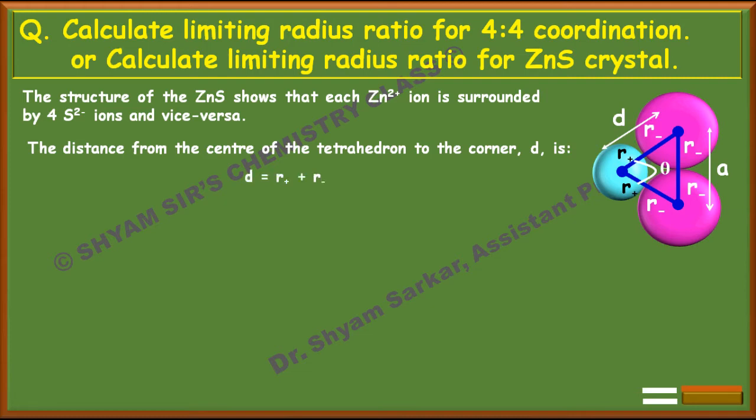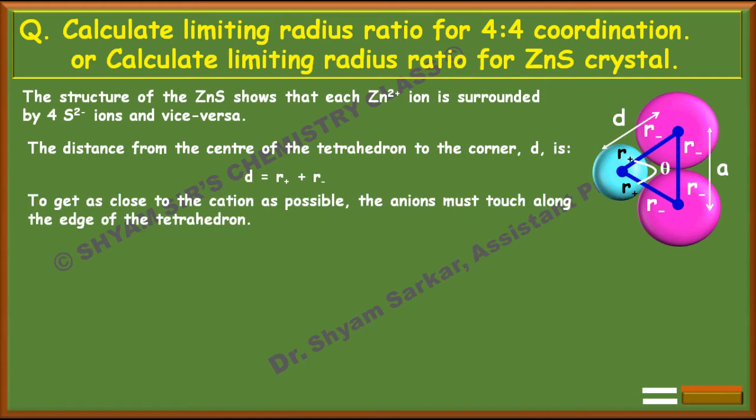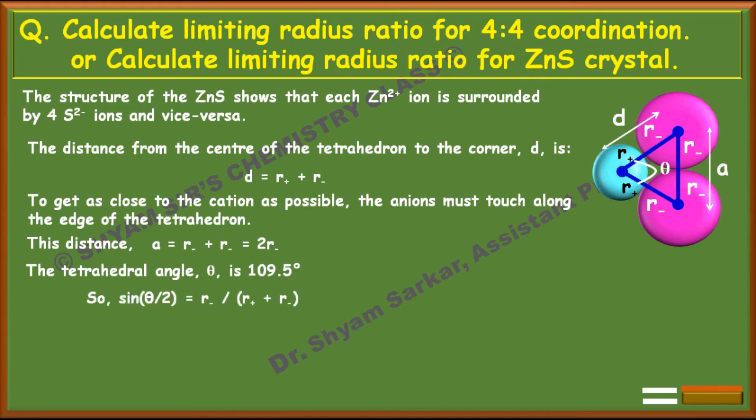Okay, now similarly, to get close to the cation as possible, the anion must touch along the edge of the tetrahedron in this case. So here the distance a equal to r minus plus r minus, that means 2r minus. So the tetrahedral angle here is denoted by theta, so theta is 109.5 degrees. Now if you take sine, sine theta by 2 equal to r minus by r plus plus r minus.